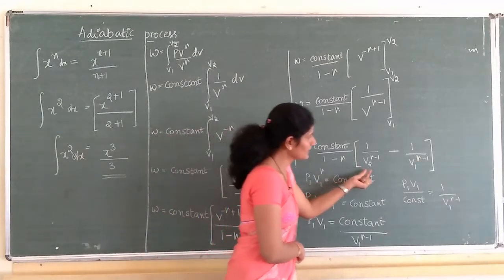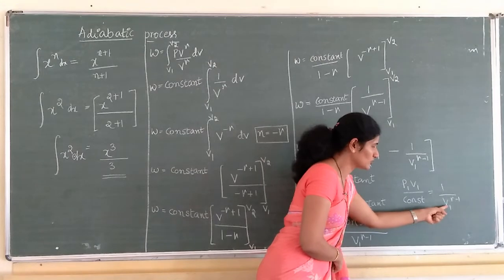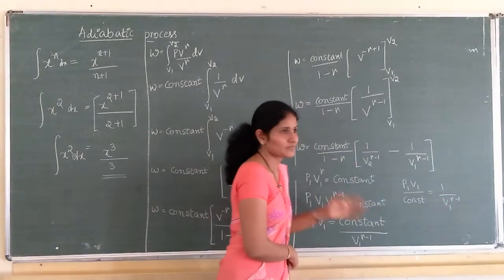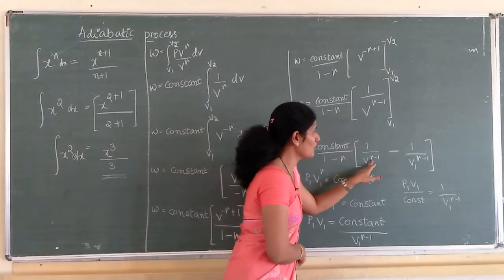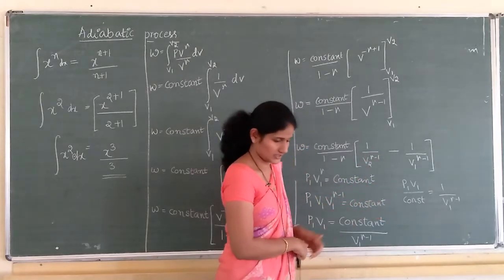So here we have 1 by v1 to the power gamma minus 1, which is nothing but p1 v1 divided by constant. Similarly, 1 by v2 to the power gamma minus 1 is nothing but p2 v2 divided by constant.